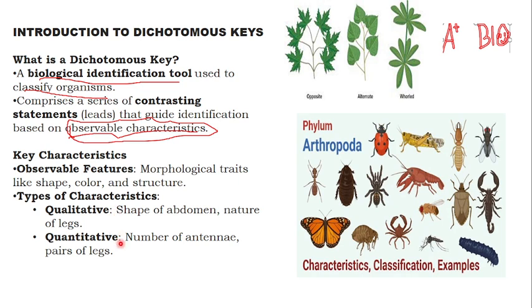Legs are quantitative because you can say 6 legs, it is an insect, or 2 pairs of antennae. But qualitative things are like color; you cannot say I have 6 colors. Qualitative characteristics are like the shape of the abdomen or the nature of the legs, how they are appearing.